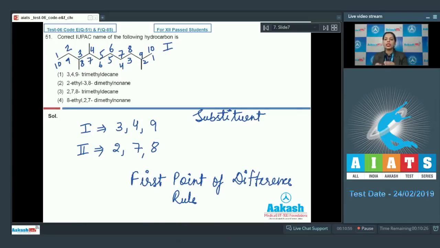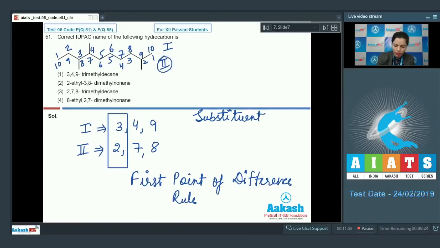You have to just clearly see that in the first way of numbering, substituent is present at the 3rd position, while in the second way of numbering, substituent is present at the 2nd position. We always prefer that numbering in which substituent is getting the lowest position at its first point of difference. So here the first point of difference is that, and this second way of numbering is providing the lowest position for the substituent. That's why we prefer the second way of numbering.